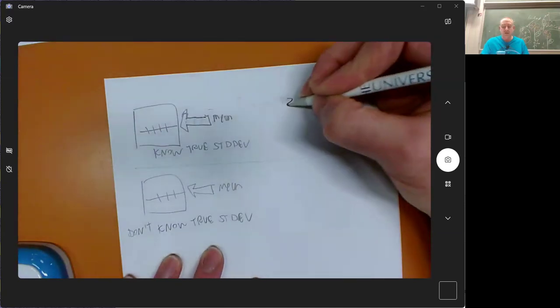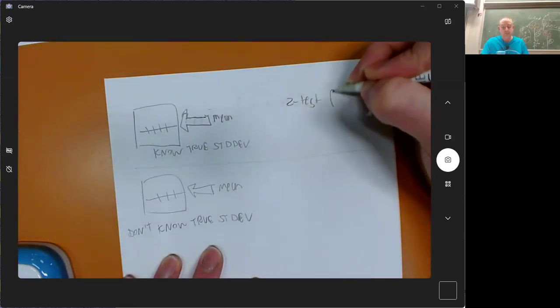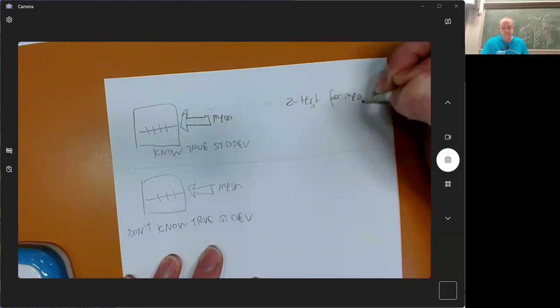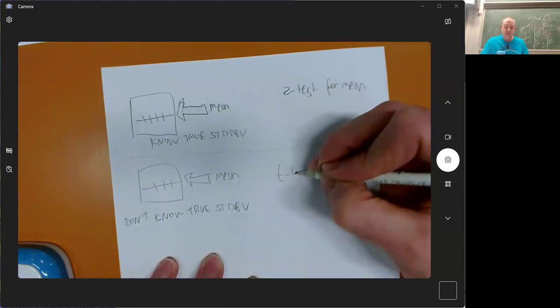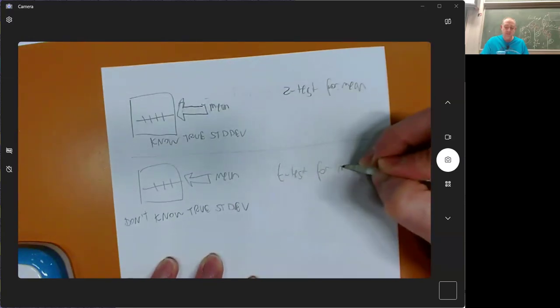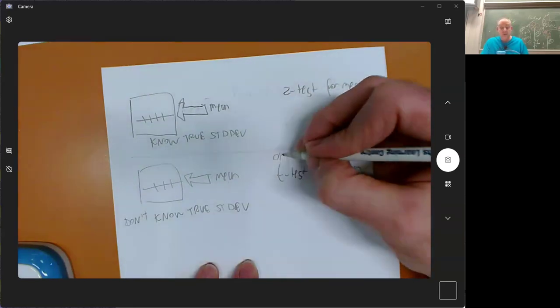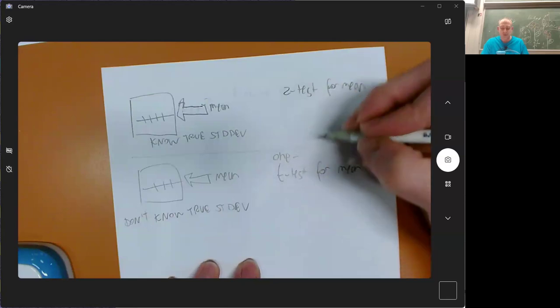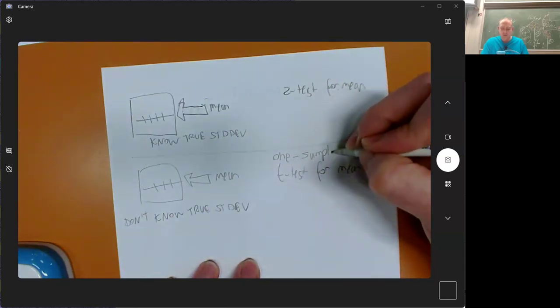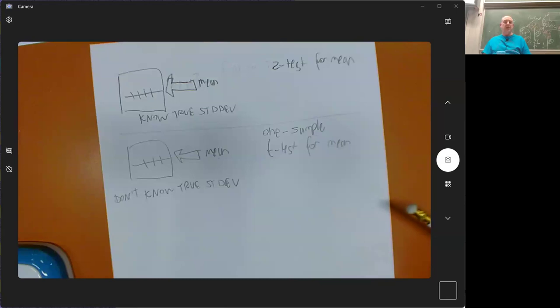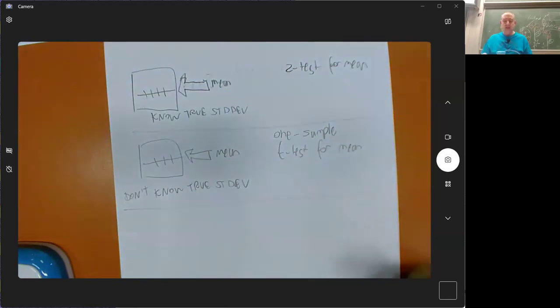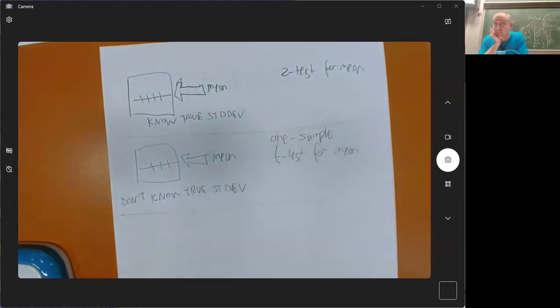This one is the z-test for a mean. And this one is the t-test for a mean. And if you like, some people call this the one sample t-test. That's what you said it was called, wasn't it, in this course? The one sample t-test for a mean.